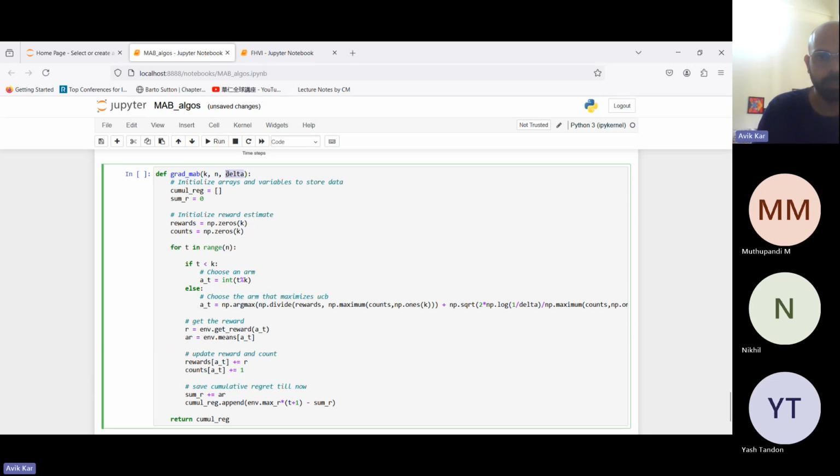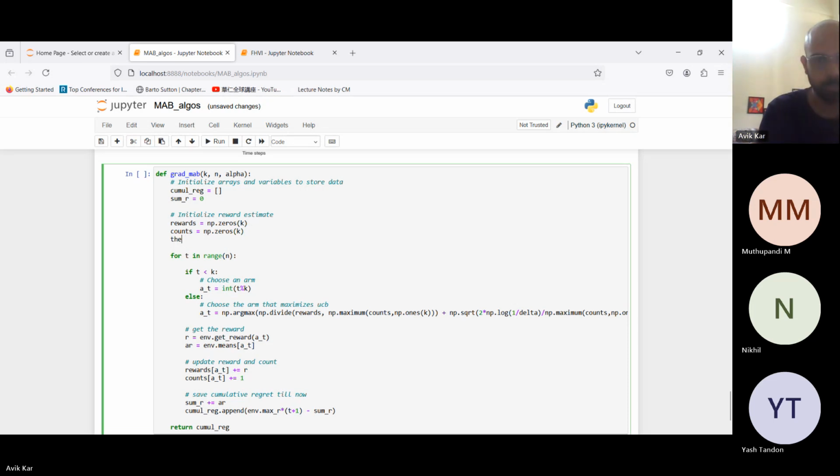Delta is not needed. We have another parameter alpha, which is the temperature parameter. So we can start our theta from all zero, and we have k arms.